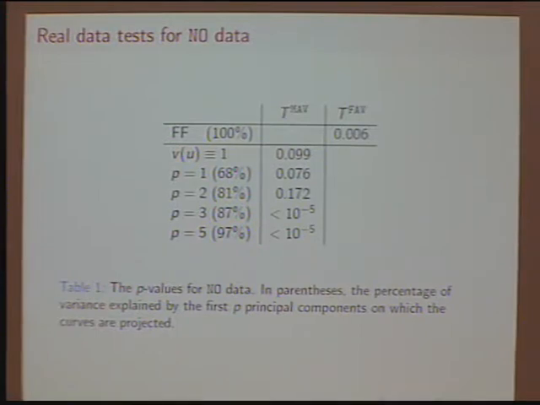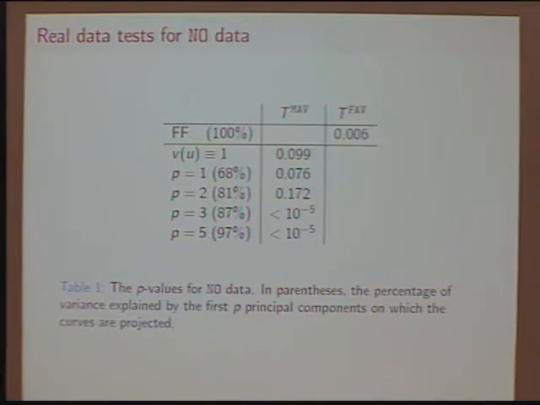Piotr said yesterday that in functional data, usually the applied people would say 85% of the variance should be explained, so we would have to add one more component. Then you have 3 principal components, and all of a sudden you see that this is extremely highly significant. But this 85% rule is new. In our last paper, we said 80%. So it depends on what you choose.